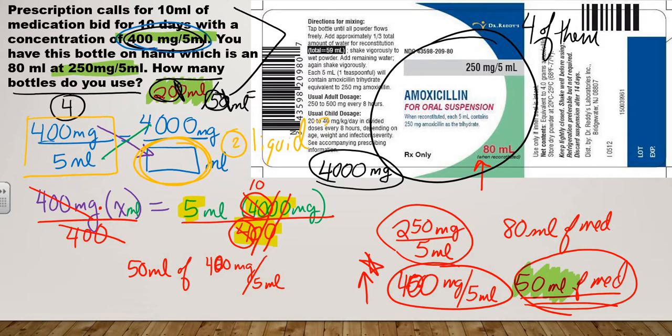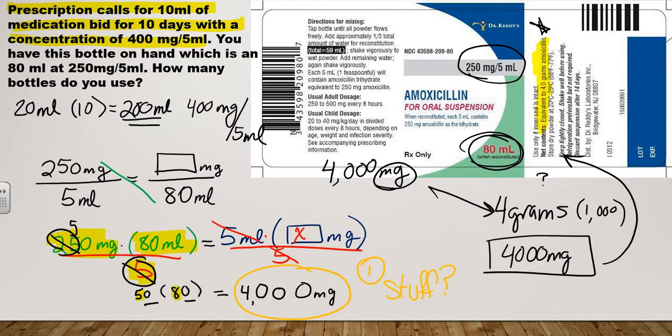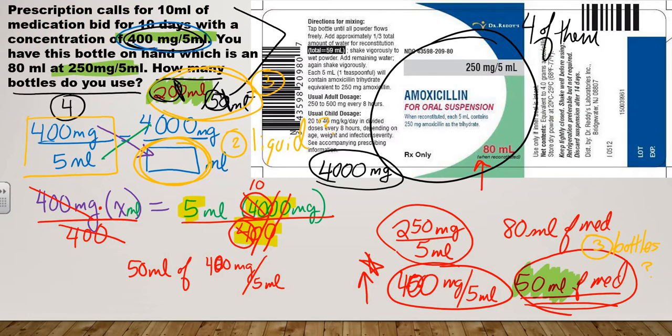How much liquid can we get out of a single bottle when you change the concentration? Number 3, after you figure out how much liquid is possible from this bottle, the third step was to figure out how many bottles you need, which we did up here. So step 1, what's the amount of stuff? Step 2, how much liquid can you get with the change in concentration? Step 3, how many bottles are you going to use?